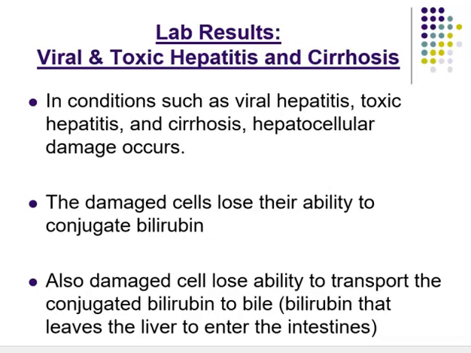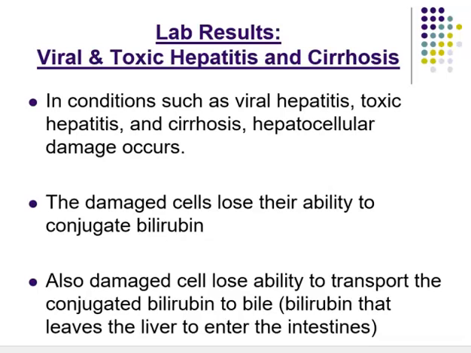So let's talk about what happens in viral and toxic hepatitis and cirrhosis. In those conditions, there's damage to the cells and they lose their ability to conjugate bilirubin. Also, there's damage to the cells and they lose their ability to transport conjugated bilirubin to bile.